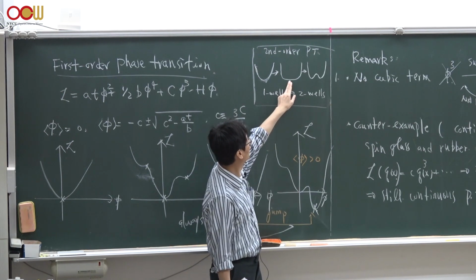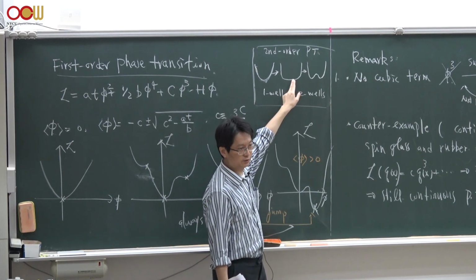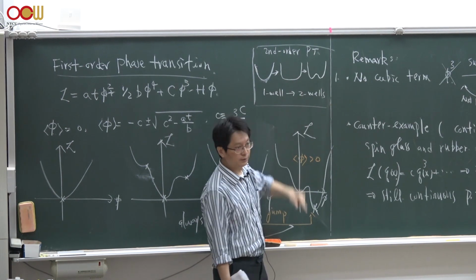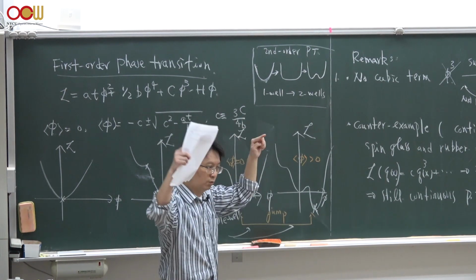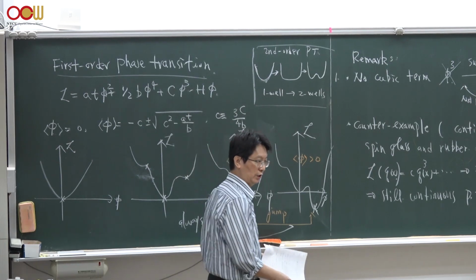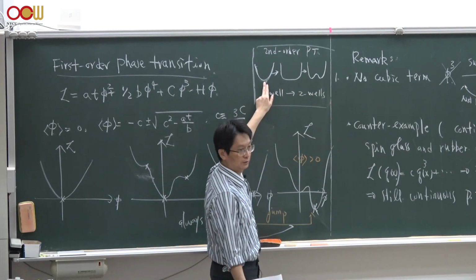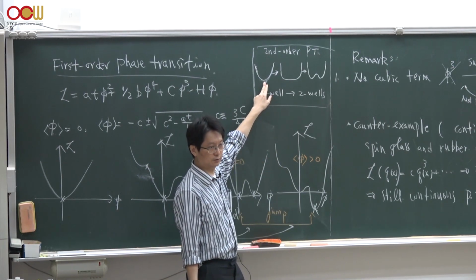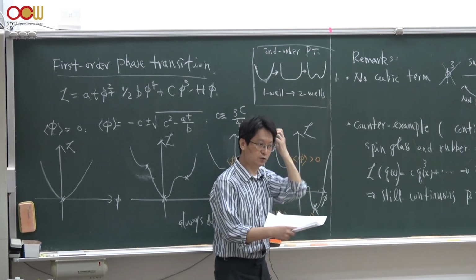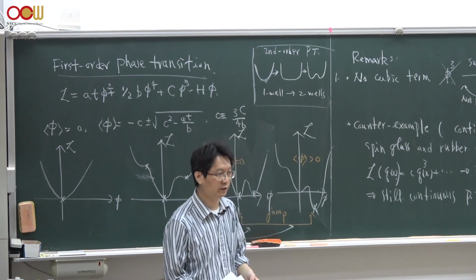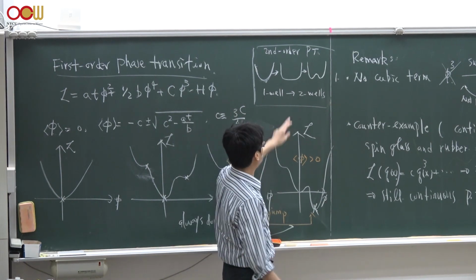As a result, near the transition point, phi equals 0 in the middle plot is actually in the center of the U shape. You know the difference between the U and V shape? Well, for the V shape, if you take the second derivative, it is positive. But the U shape is totally flat, at least up to second order in the Taylor expansion of the order parameter.